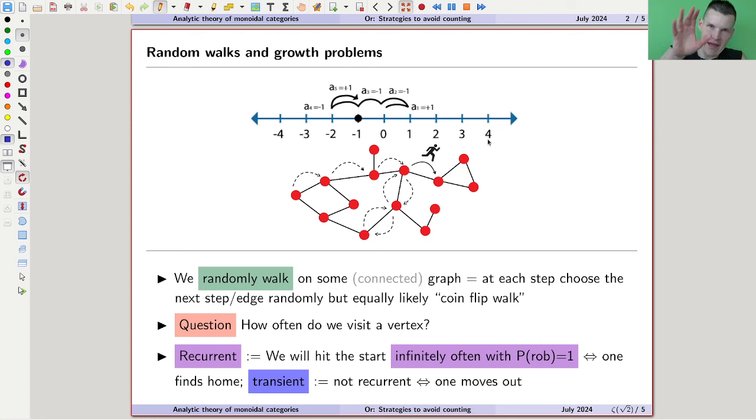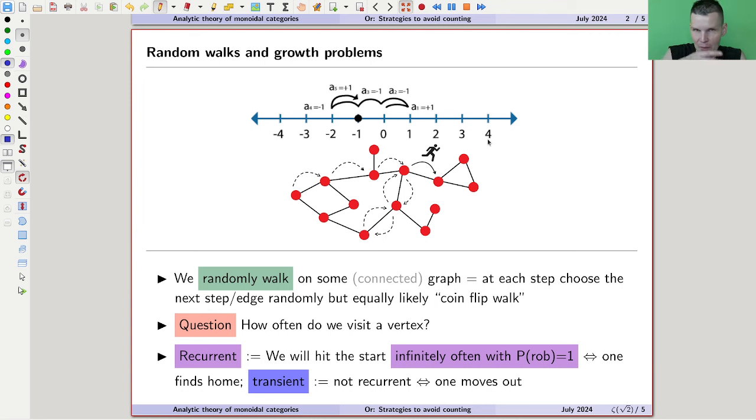That doesn't really matter. If it's connected, you can choose any. It's a little like with the fundamental group, there's a base point, but you actually don't really need the base point. So let's fix the start point, and we can ask the question: do we hit the start point again infinitely often in a random walk with probability 1?